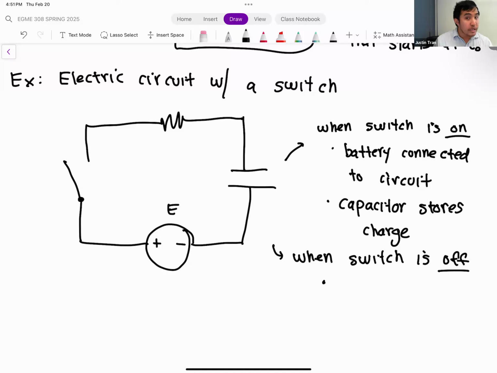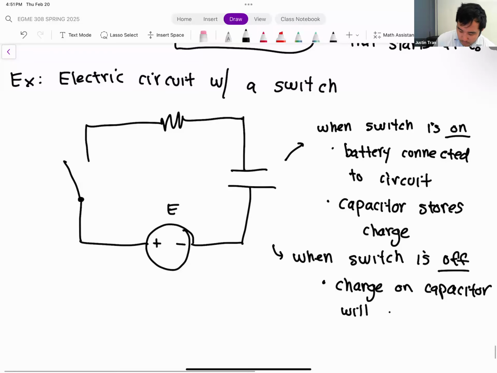So it's going to start to release that power. So we have two different fundamental behaviors for the same circuit, depending on whether that switch is on or off.